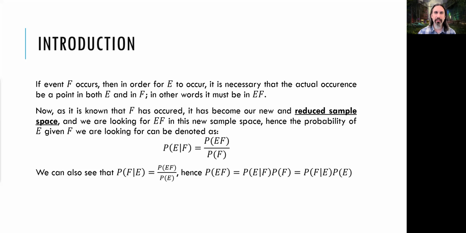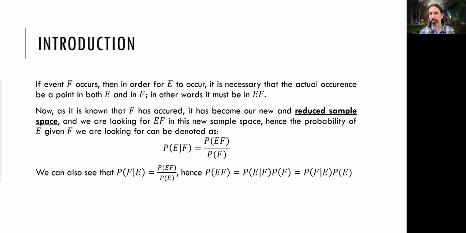So anything outside of F is stamped out. It's gone. We don't need it anymore. It's not relevant anymore. All the outcomes of F make up the sample space now. We call this new sample space a reduced sample space, which is made up of all the elements of F. All other elements are gone.